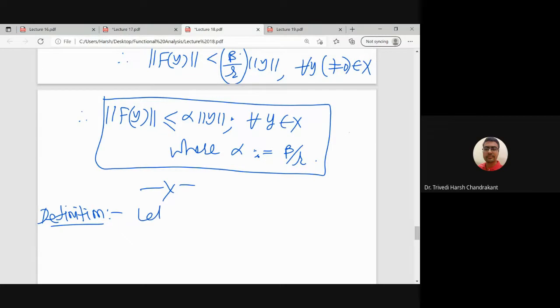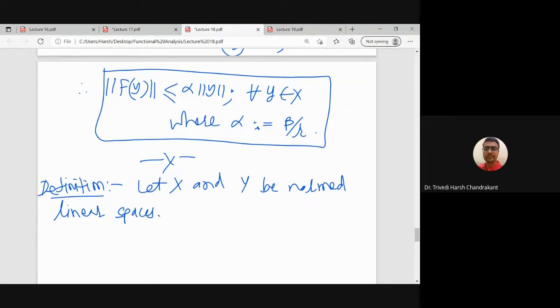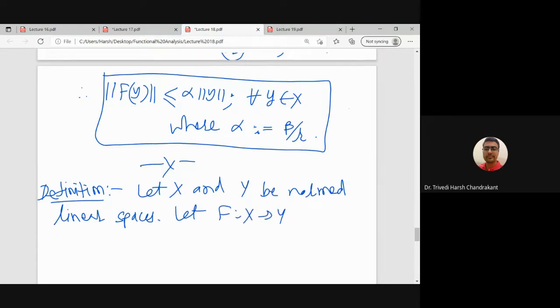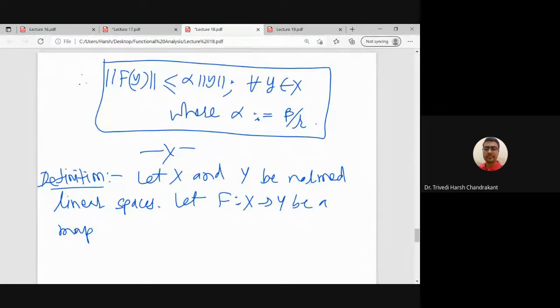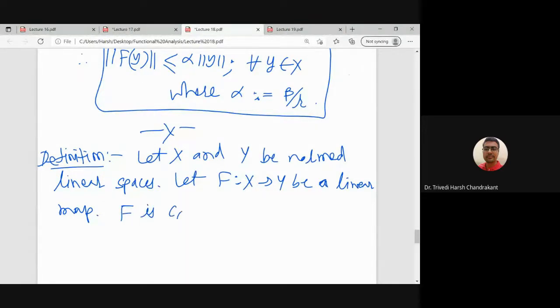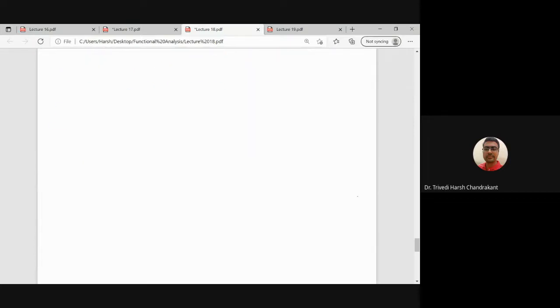So let x and y be normed linear spaces, and let f from x to y be a linear function. f is called a bounded linear function if this condition is satisfied.